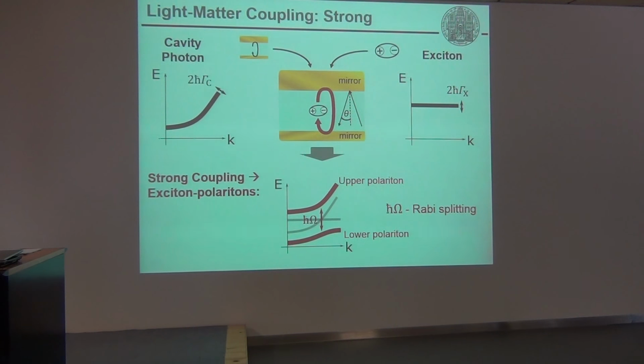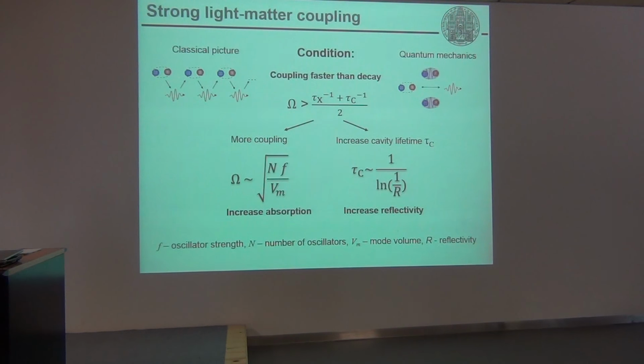Its lifetime is determined by the quality of the mirrors, essentially. Then we have our exciton, which has more or less no dispersion. If the coupling is strong enough, we form exciton polaritons. So we get anti-crossing, with a lower polariton here and an upper polariton here, and the energy distance is called the vacuum Rabi splitting.